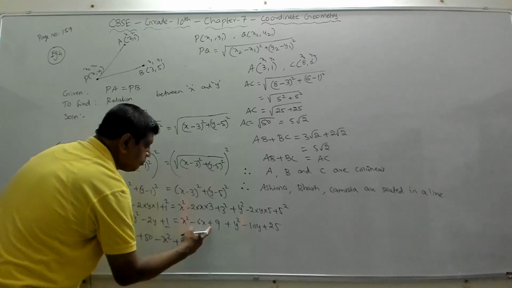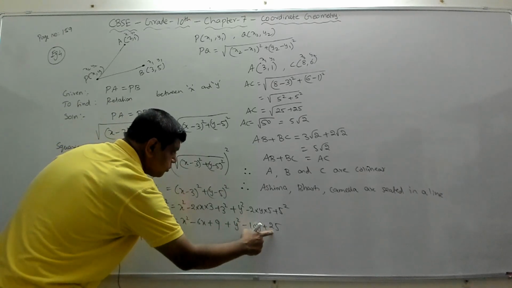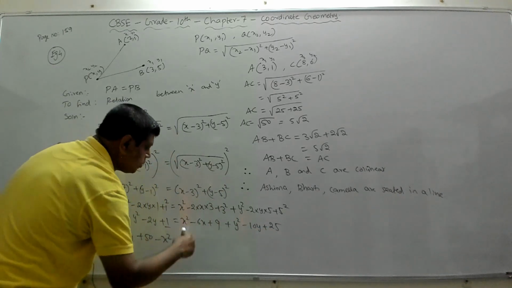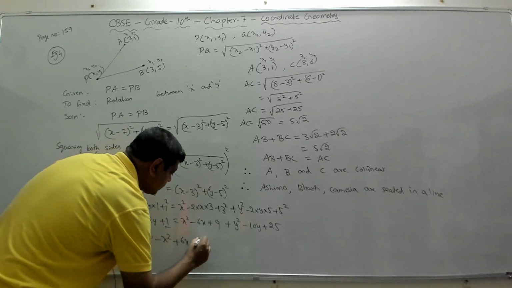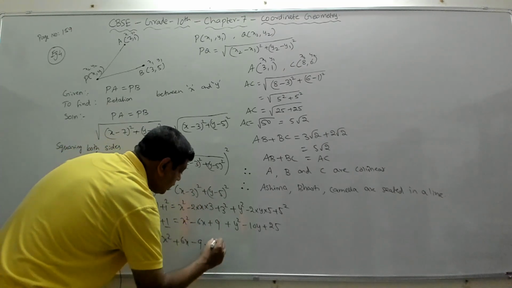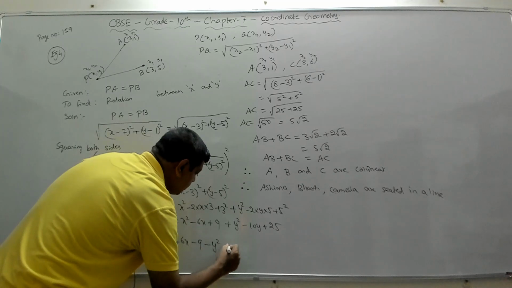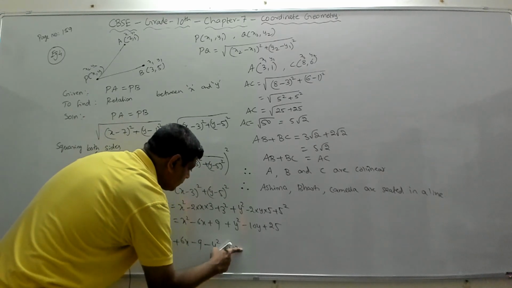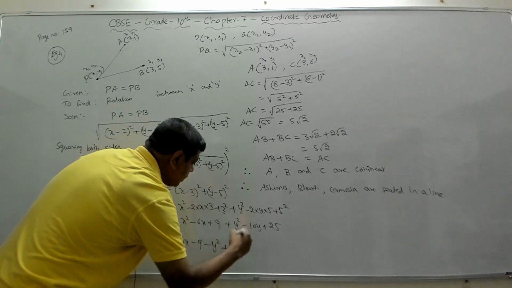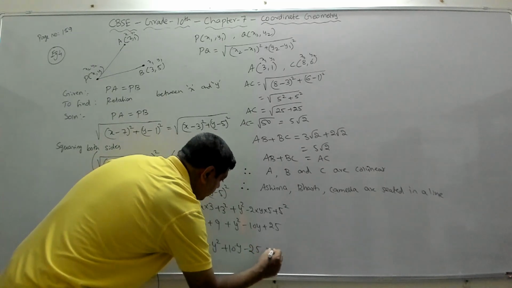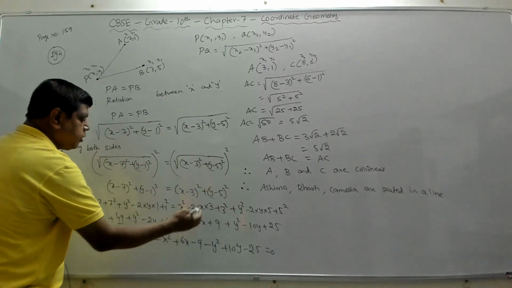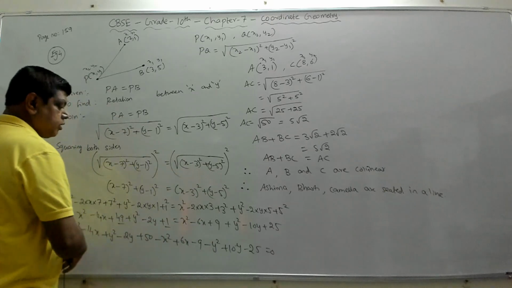Plus 9 plus 25 is 34, then that comes here, it will become minus 34. And minus y square, minus 10y become plus 10y, then minus 25 equal to 0, which means we have brought everything to the left hand side.